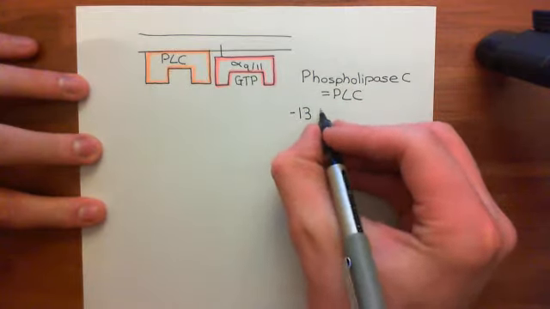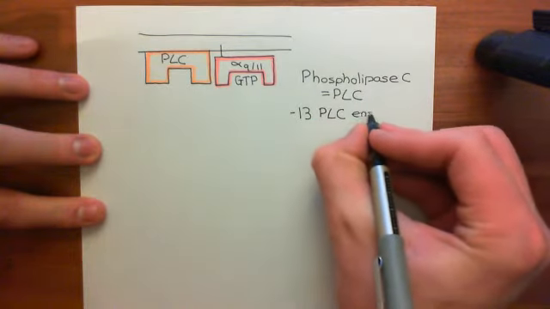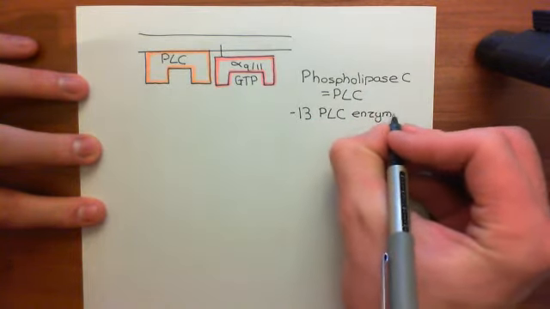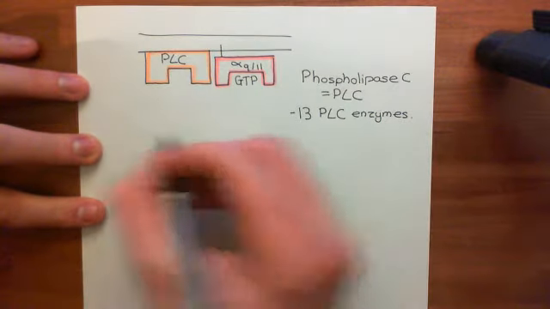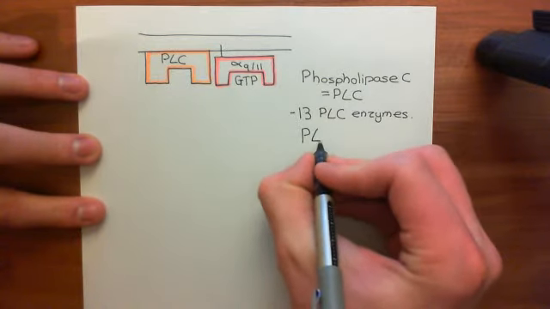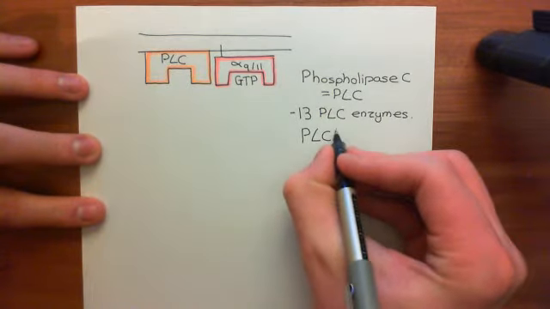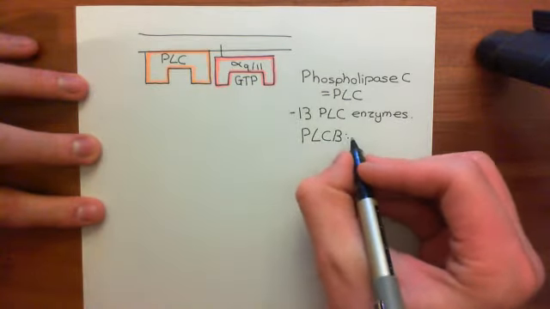Okay, so there are 13 phospholipase C enzymes. Now, these are categorized into 6 families to help us make sense of them. So the first family of phospholipase C enzymes, and I might do it to this side, is the phospholipase C beta family.